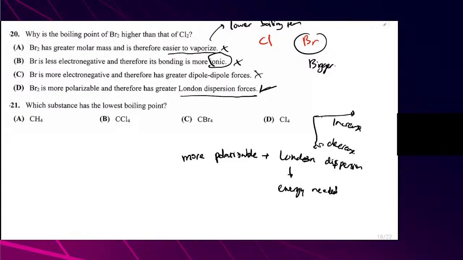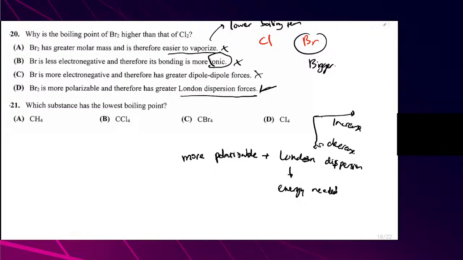All right. So let's move on to number 21. Which substance has the lowest boiling point? Now let's take a look at the information of the molar mass first.